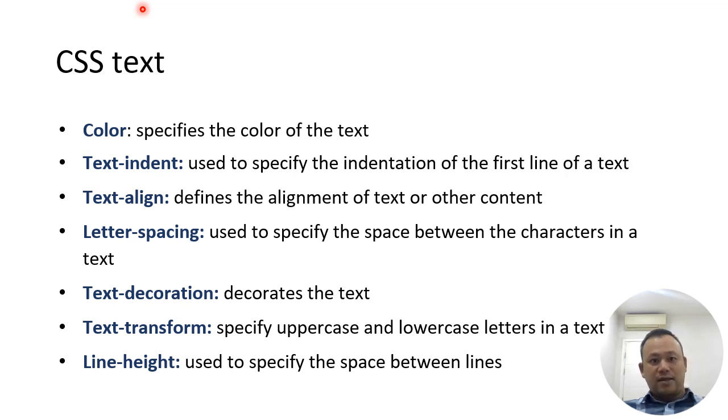And we have text indent, which is used to specify the indentation of the first line of the text. Text align defines the alignment of text or other content. Letter spacing specifies the space between the characters in a text, and text decoration decorates the text. Text transform specifies uppercase or lowercase letters in a text. And we also have line height, used to specify the space between lines.